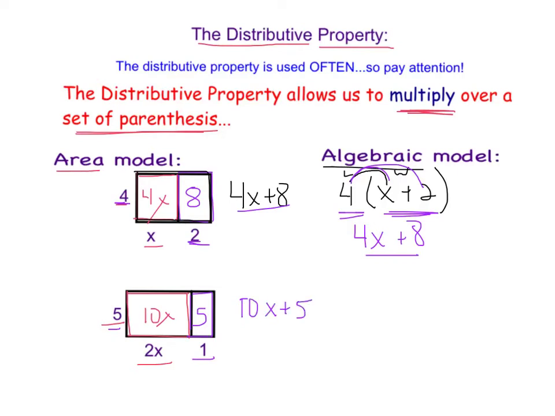If we wrote it algebraically, we would have our length times the width. So here's 5, here is 2x plus 1, that's our width, and we can multiply over the parentheses. 5 times 2x is 10x. 5 times 1 is 5.